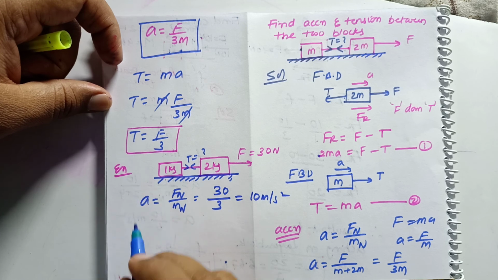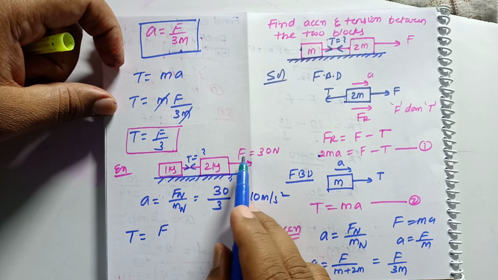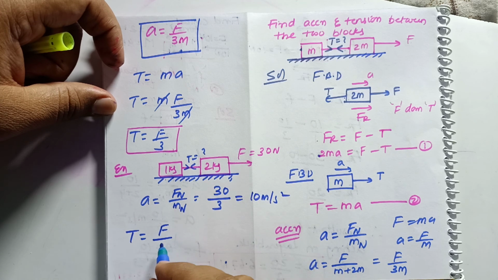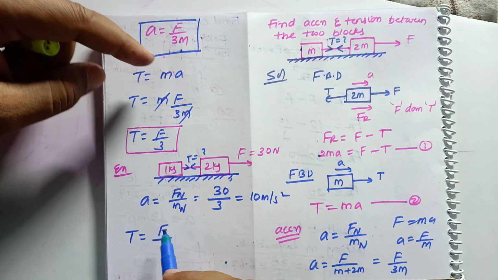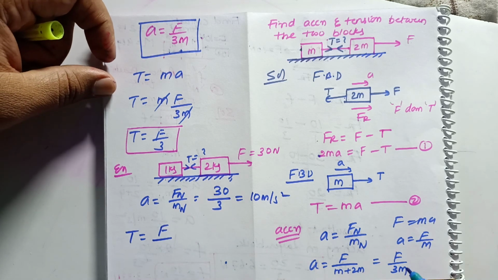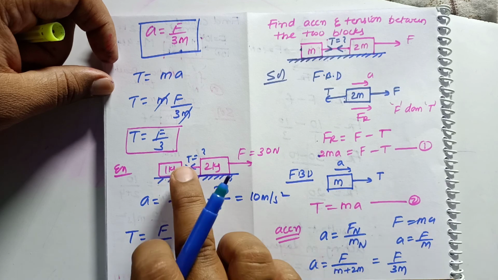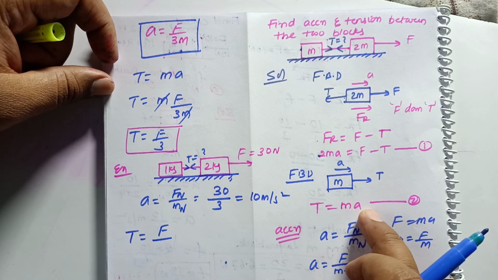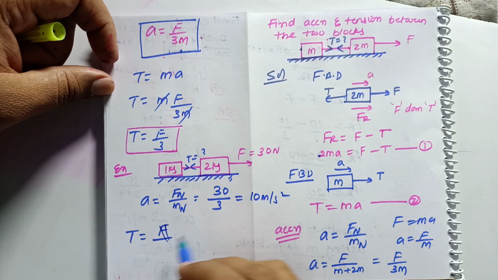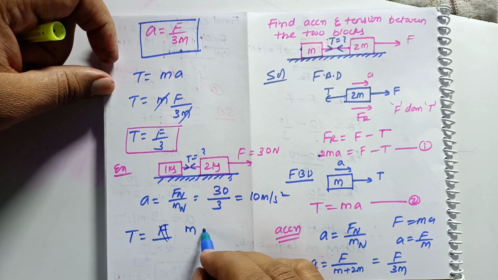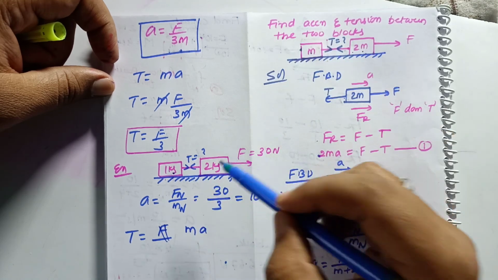Now how are you going to find out the tension? Tension is equal to applied force by 3, or else you can just apply this formula and do the problem. Tension is equal to m into a. So what is the tension here? Tension is equal to m into a. What is m here? According to this problem, 1 kg, and this is 2m, so 2 kg I have taken.